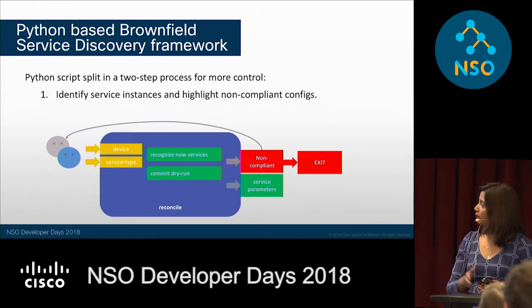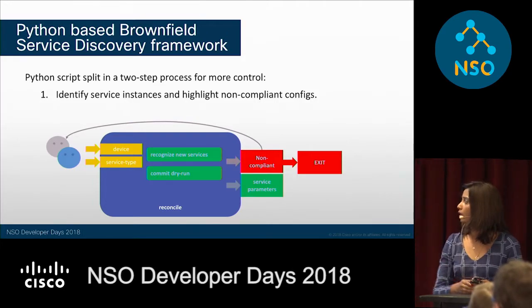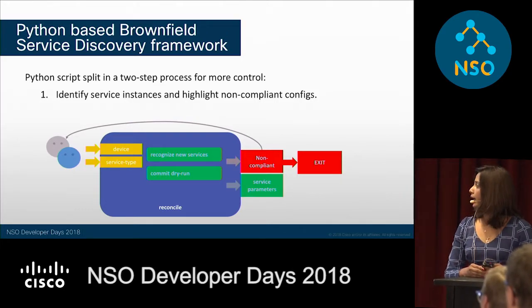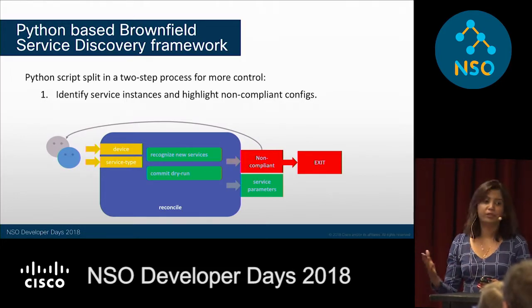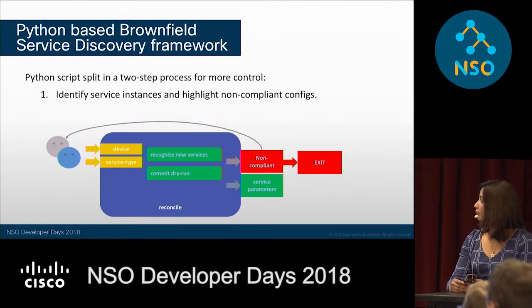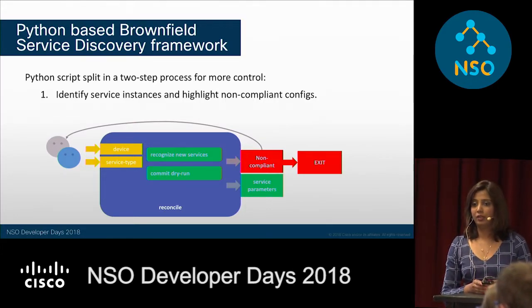This is the first step, where we discover the service instances and all the service parameters, and then for each of the services in the discovered instances, we do a commit dry run. This would highlight any non-compliant config.